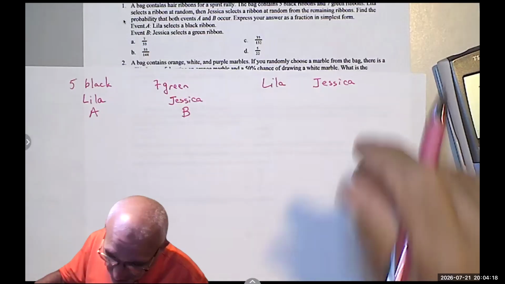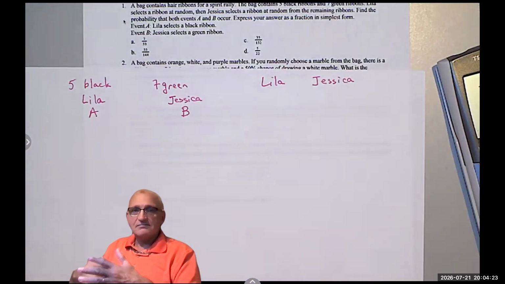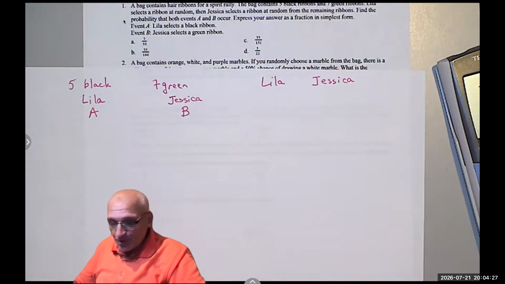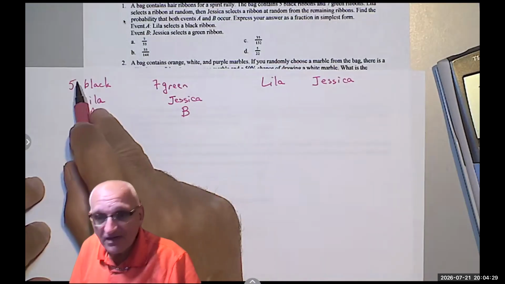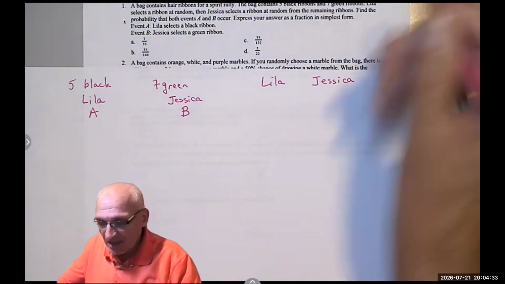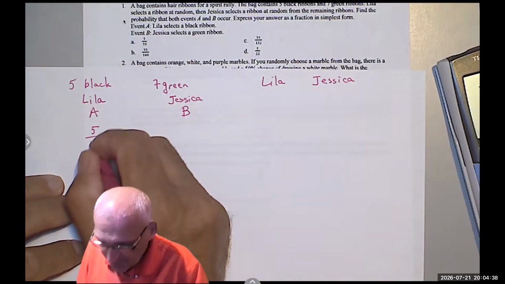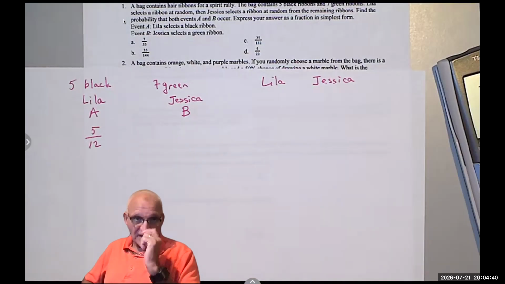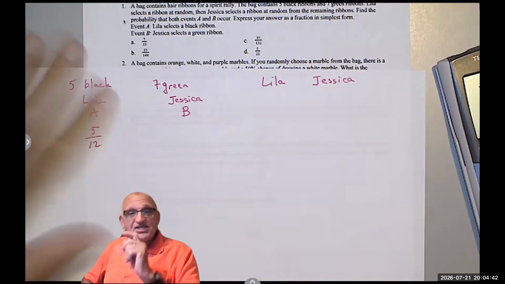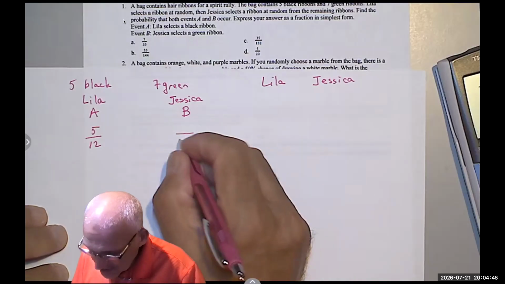We are not going to look into the bag and select the color we want. They are shuffled randomly, and we just pick one. So the probability that Lila picks a black one, if she has 12 identical ribbons except for color, is 5 out of 12, right? Whether she gets it or not, now the bag contains only 11 ribbons.